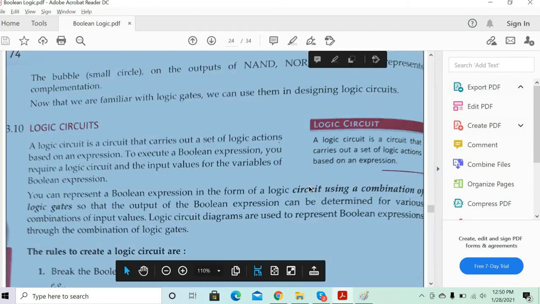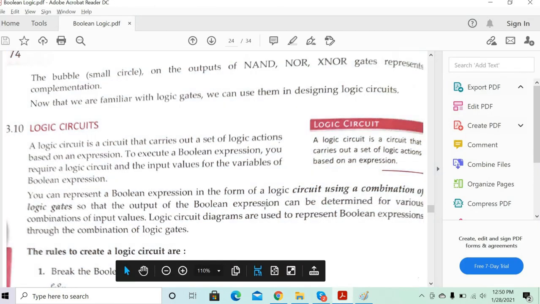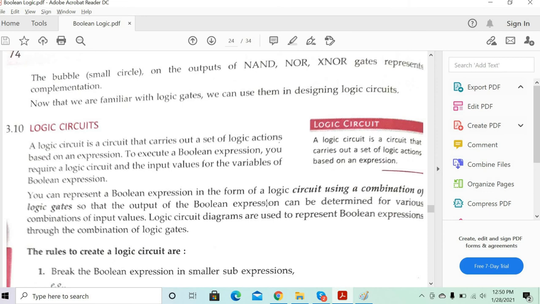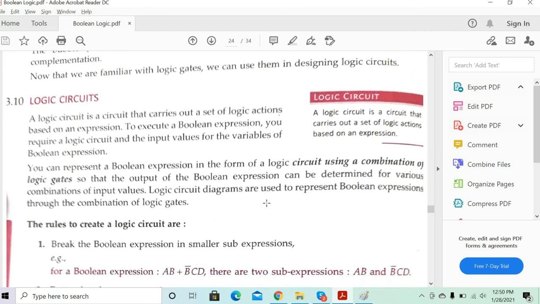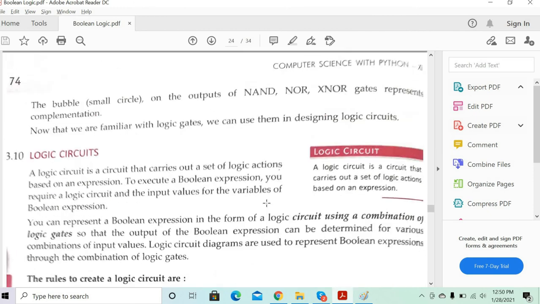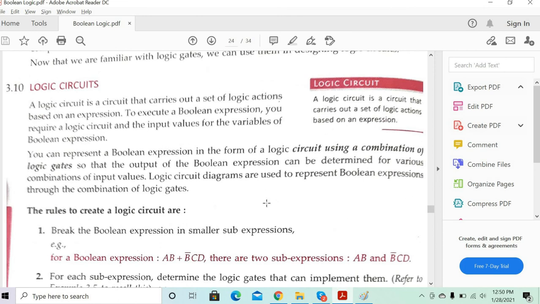Just like in electricity which you did, the combination of the battery, resistance, your key, your ammeter, voltmeter, everything becomes the circuit. Here the combination of whatever we discussed, the AND gate, NAND gate, NOR gate, your XOR, XNOR, everything becomes a circuit then. Clear?